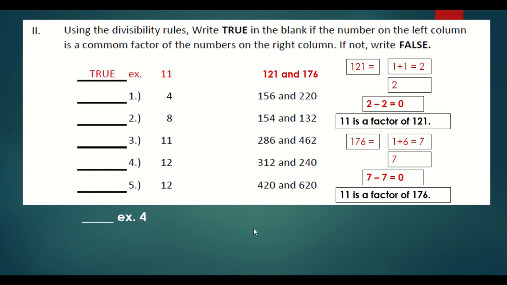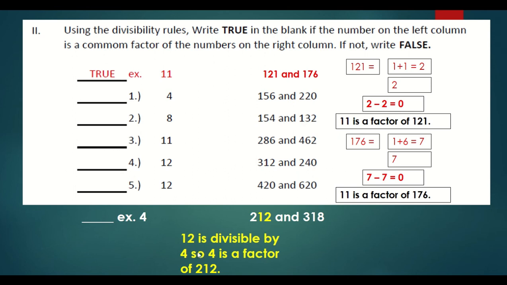Let's have another example. Okay, we have 4. Is 4 a common factor of 212 and 318? Since we are dealing with 4, we only look at the last two digits. With 212, the last two digits are 12. So, 12 is divisible by 4, so 4 is a factor of 212.